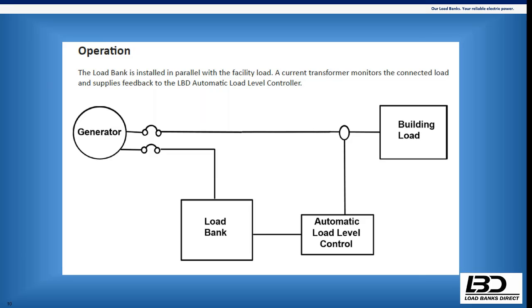As soon as that transfer switch switches over to generator versus utility, it'll drop that load bank off immediately. That way you don't overload your generator and have all kinds of problems related to losing power to your building. It takes the load bank out of the equation as soon as it sees that contact change states. So that's another major safety feature.